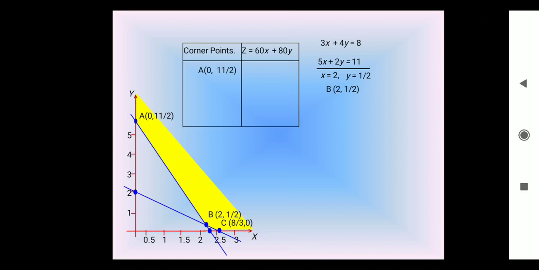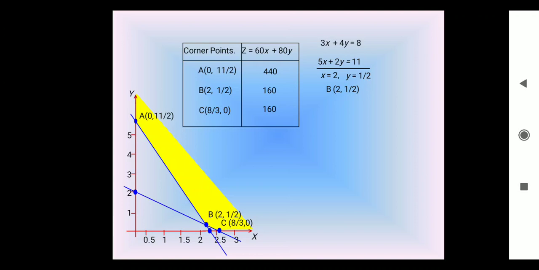First point is A (0, 11/2), B (2, 1/2), C (8/3, 0) are the 3 corner points. When we substitute these coordinates in z, we get 440, 160 and again 160.